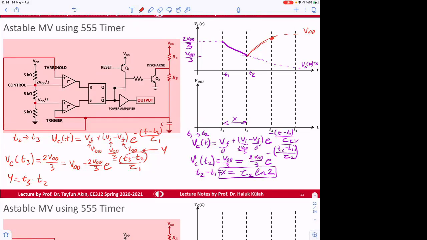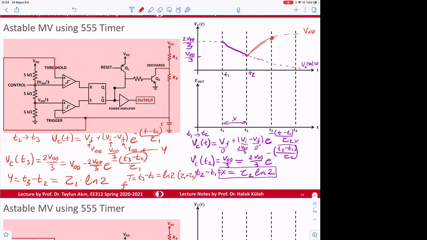It will be equal to tau 1 times ln 2. So if we look at the total period T, which is T3 minus T1, it's going to be ln 2 times (tau 1 plus tau 2).